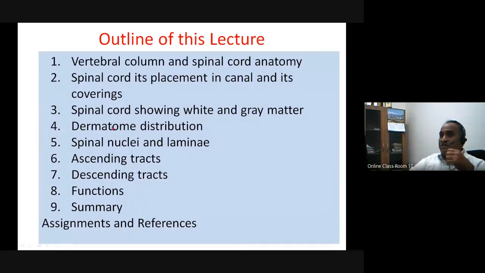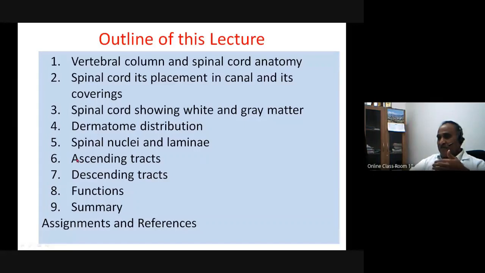Then the dermatome distribution of the spinal segments, or the skin, how it is distributed in the various segments of the spinal cord. Then the spinal nuclei and the spinal laminae.